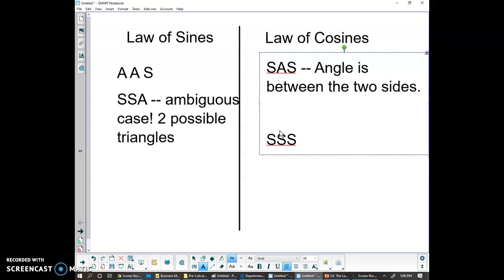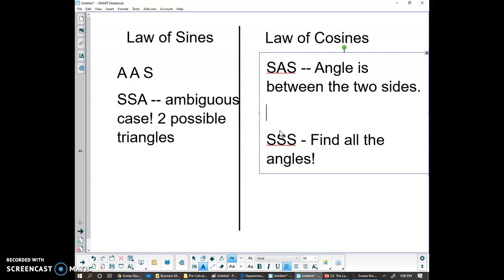Also, you can use the law of cosines to find angles. If we had side, side, side, we can use it to find all the angles. If it was side, angle, side, we would be able to use it to find the third side and also the two other angles.